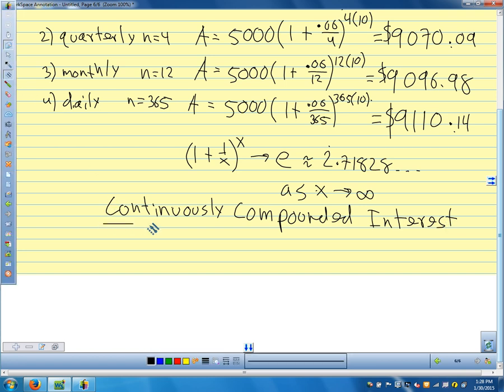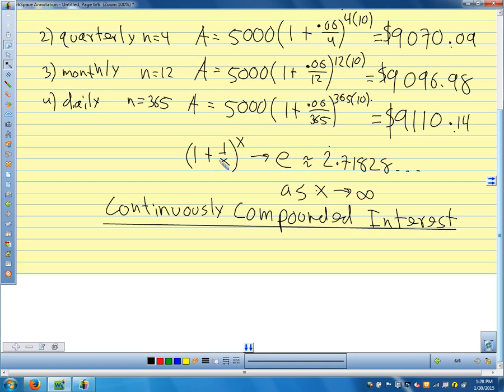And what that means is that as soon as our interest is compounded, we compound again immediately. So this number 365, the denominator here, just gets bigger and bigger. We're doing it more and more rapidly until we're doing it constantly. We're constantly compounding our interest.